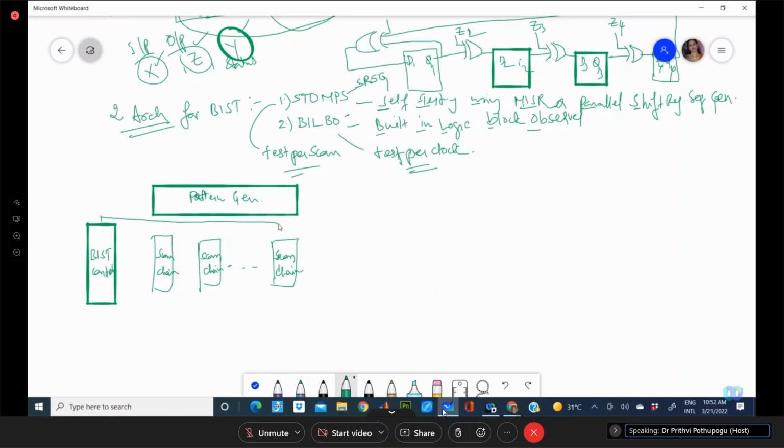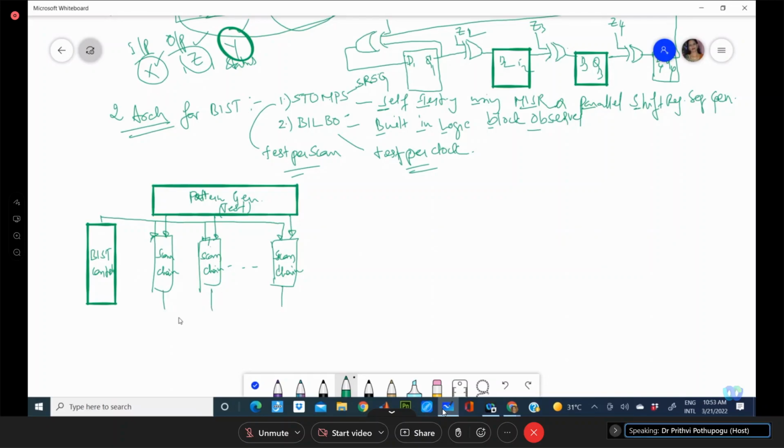Okay, so this will be controlled by the BIST controller, wherein the pattern generator, normally we can take it as the test pattern generator, will be giving its test. And the BIST controller will be giving the bits of the scan element.